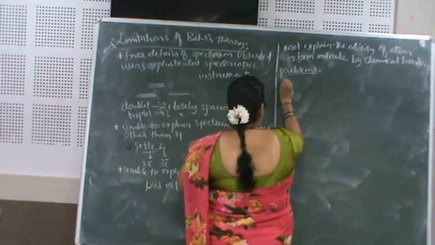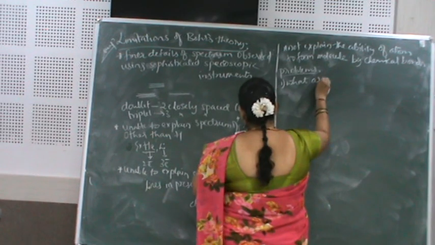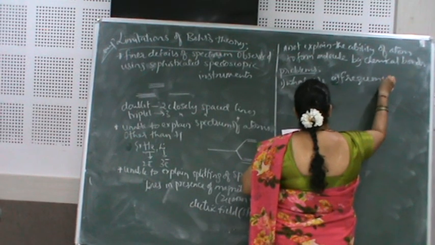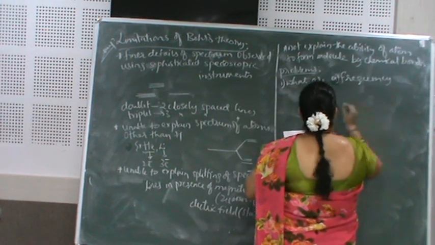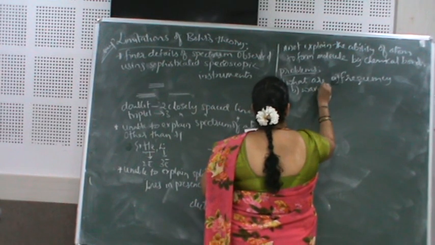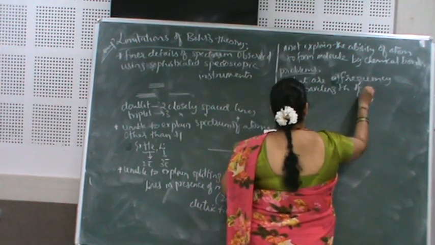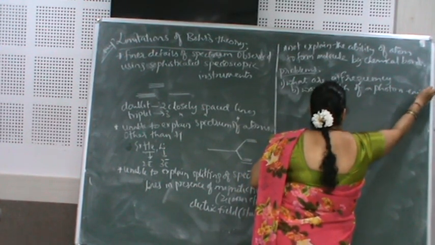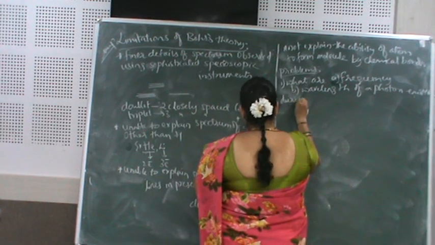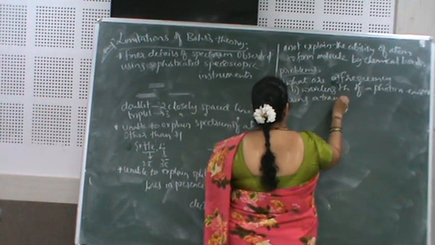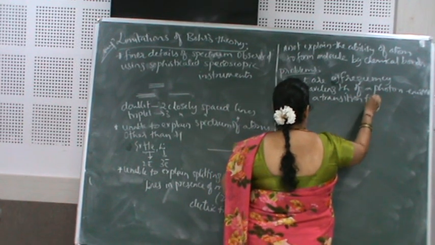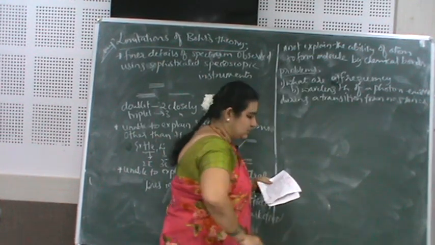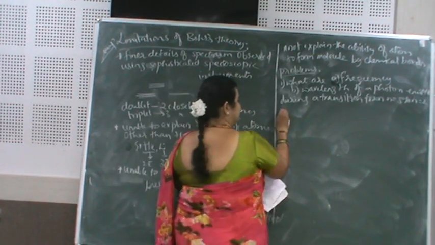First one: what are A, the frequency, and B, the wavelength of a photon emitted during a transition from n equal to 5 to n equal to 2 in a hydrogen atom.